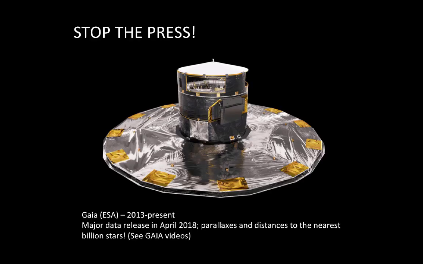But stop the press. In 2013, the European Space Agency launched Gaia, which is the follow-up to Hipparcos. And just earlier this year, there was a major data release from the project. Its mission was to measure the parallaxes and therefore the distances to the nearest billion stars.